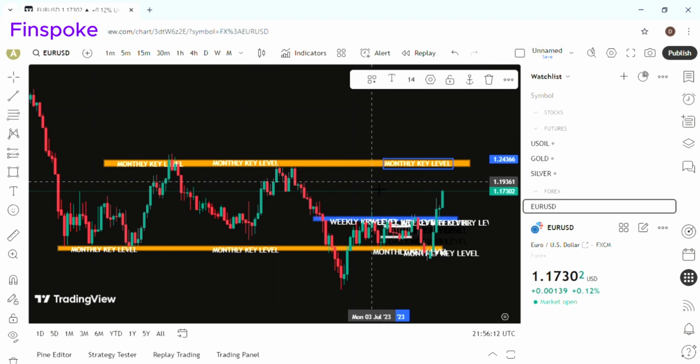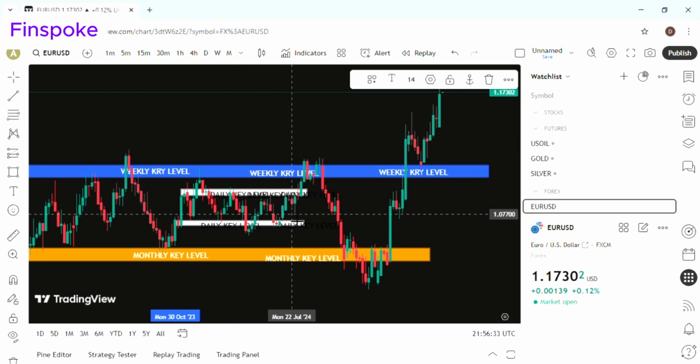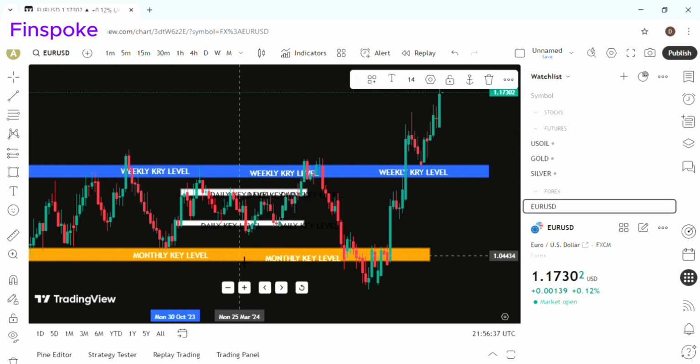Now, these time frames that are visible, they are the obvious key levels or the major key levels. In this case, I use gold to mark monthly time frame, blue to mark weekly time frame, and white for daily time frame.